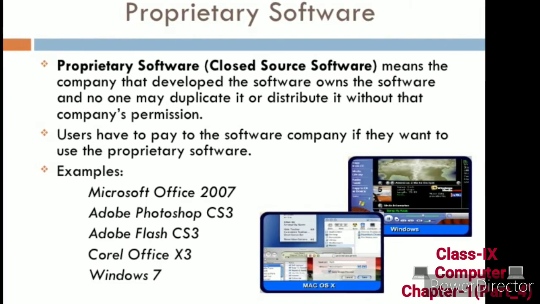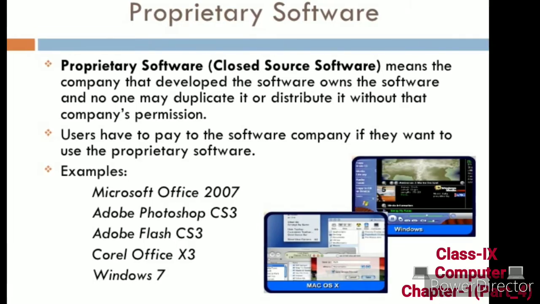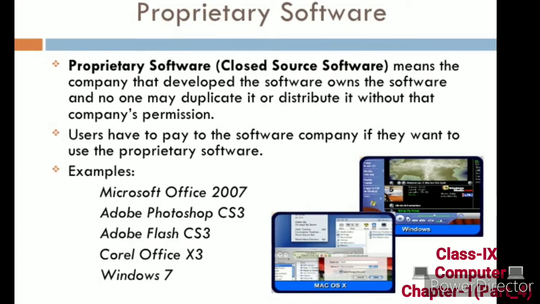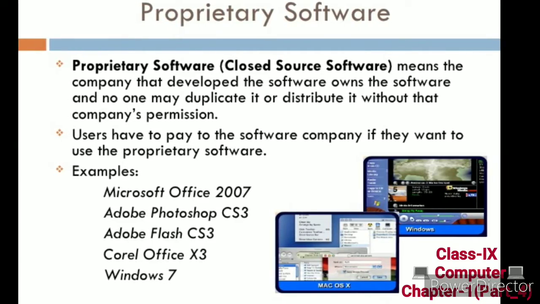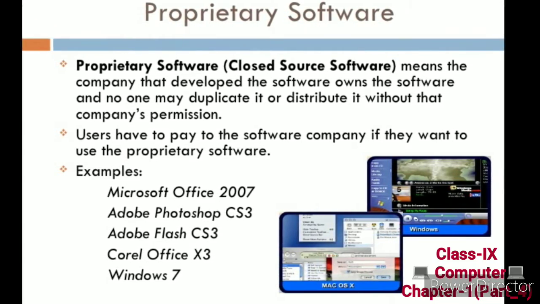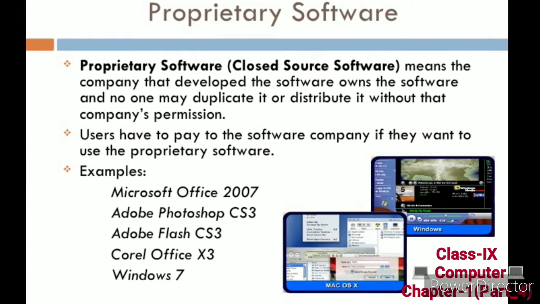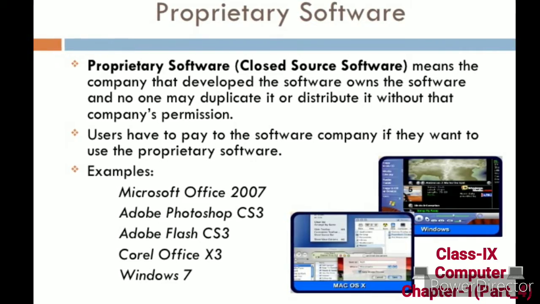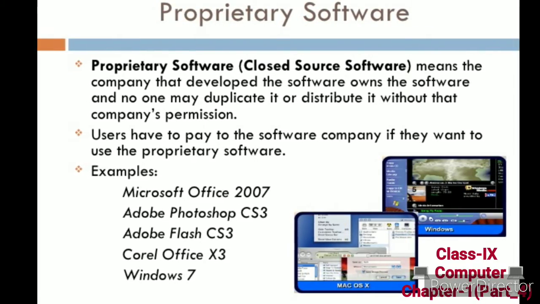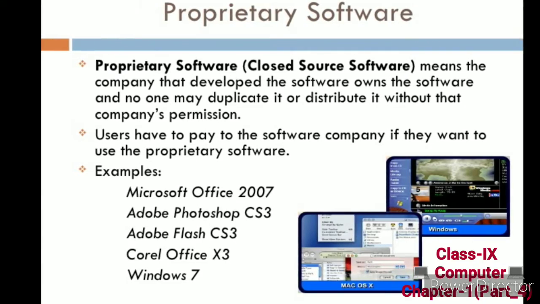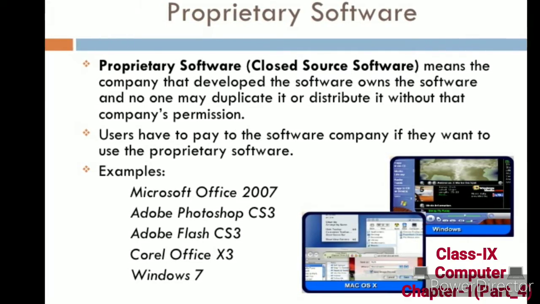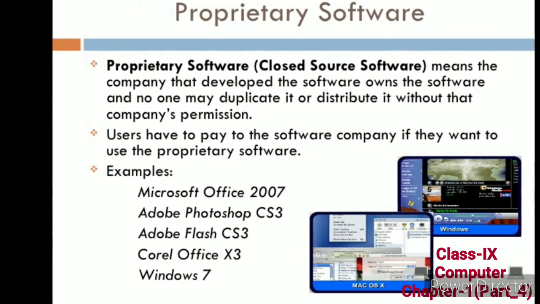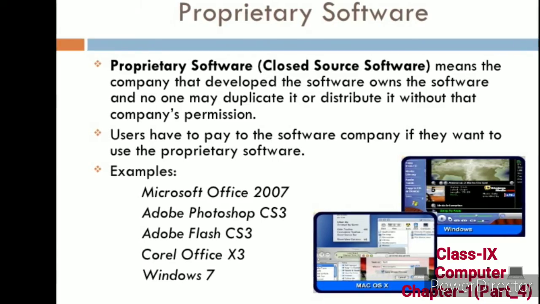And proprietary software, or closed source software, means the company that developed the software owns it and no one may duplicate or distribute it without that company's permission. Users have to pay the software company if they want to use closed source software. Example, Microsoft Office 2007, Windows 7, etc.